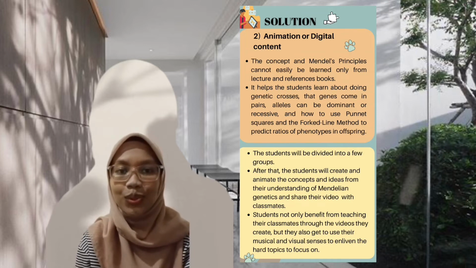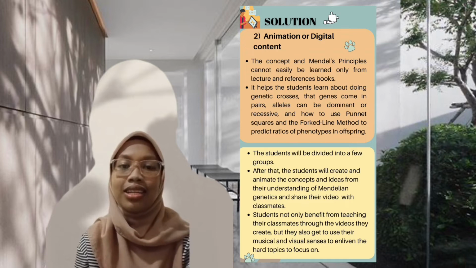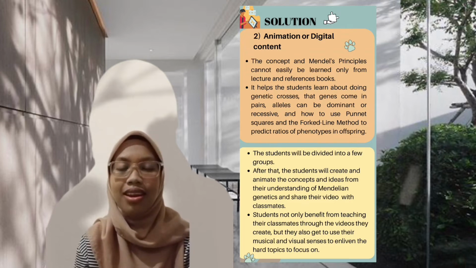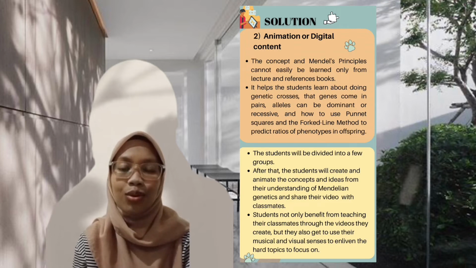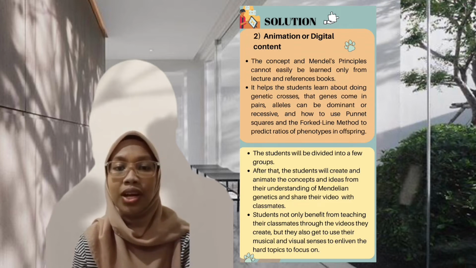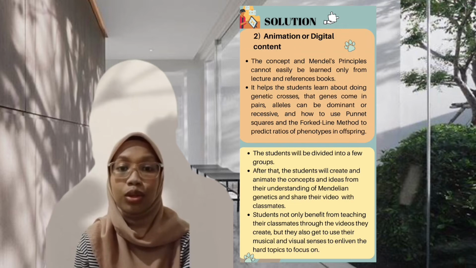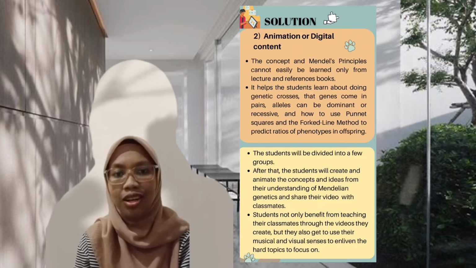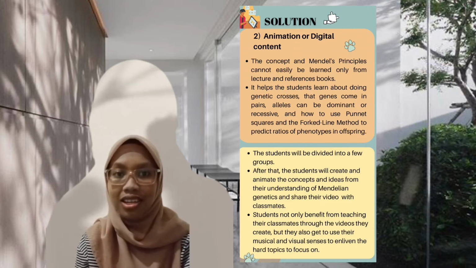Other than that, the student can know that genes always come in pairs and alleles can be dominant or recessive. They also can know how to use Punnett squares and the fork line method to predict ratios of phenotype in offspring.